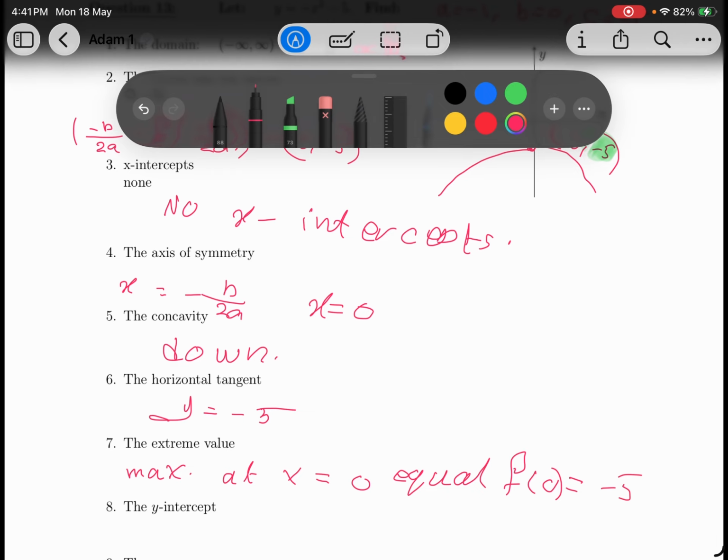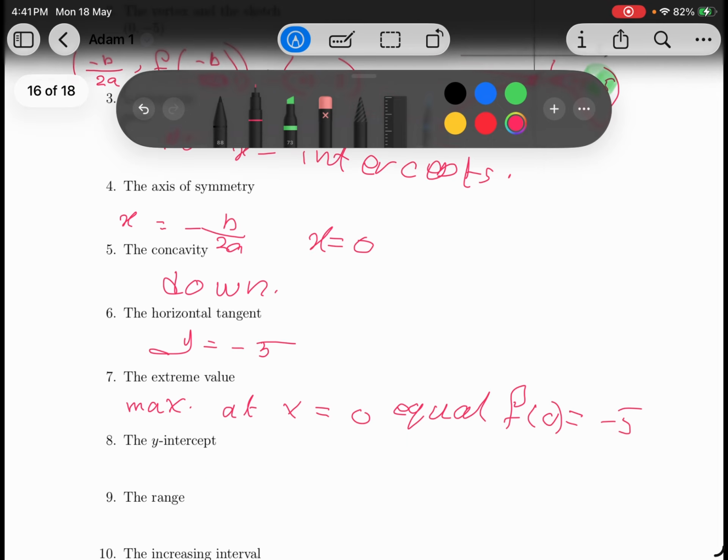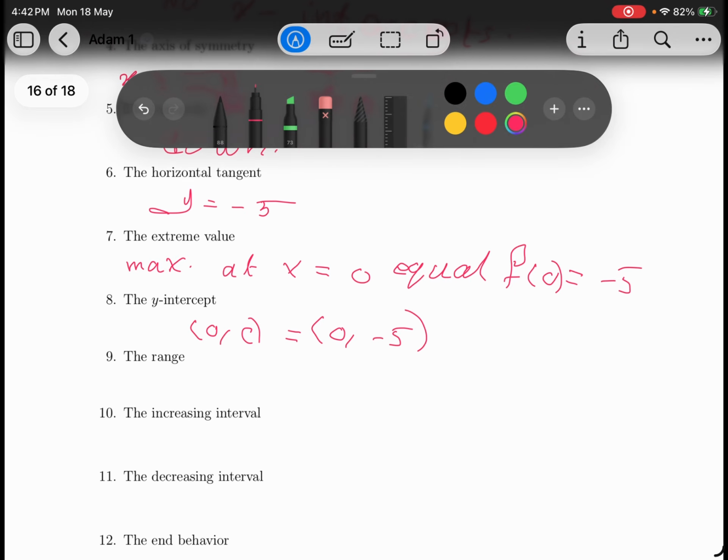So the maximum value ever for this function is minus 5. Whatever real number you plug into this function, you will never encounter anything greater than minus 5. Anything will be less than minus 5. So minus 5 is the maximum here. And the y-intercept is 0 and c, which obviously is 0 and minus 5.